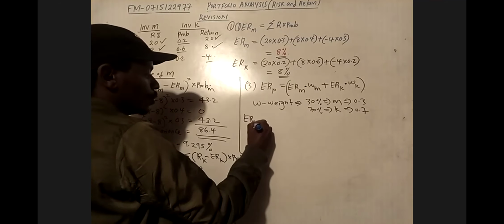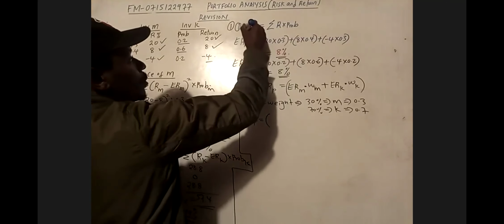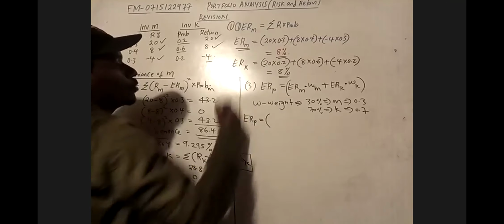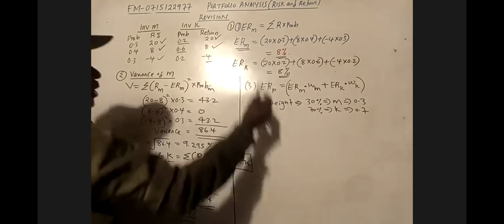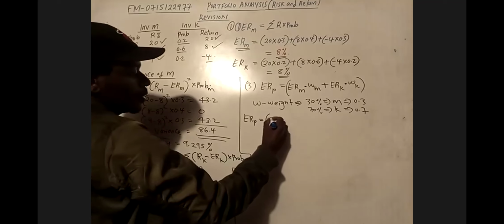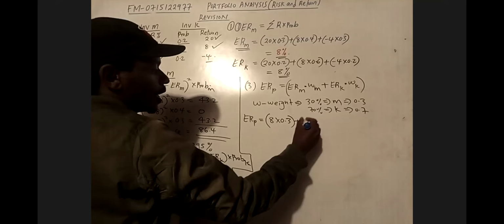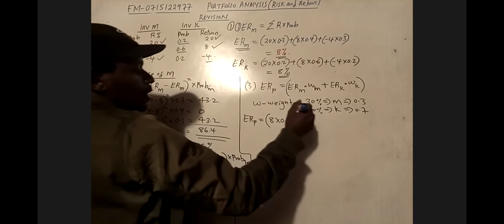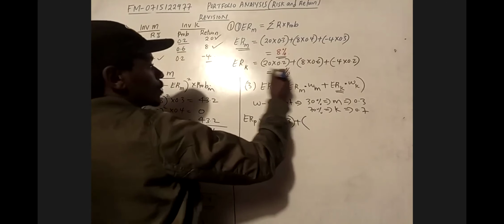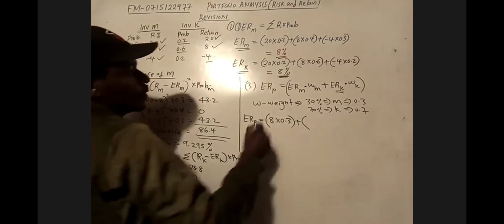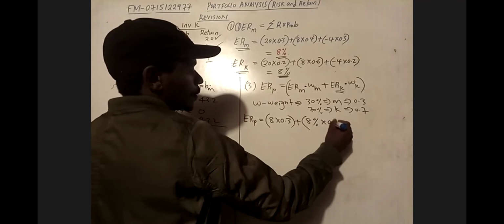Expected return of the portfolio will be equal to the expected return of investment M, which is 8%, times the weight, which is 0.3, plus the expected return of investment K, which is 8% as shown above, times 0.7.